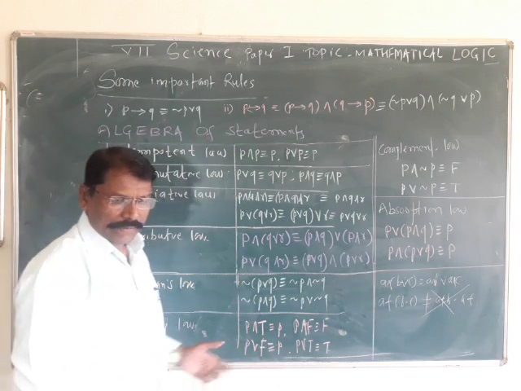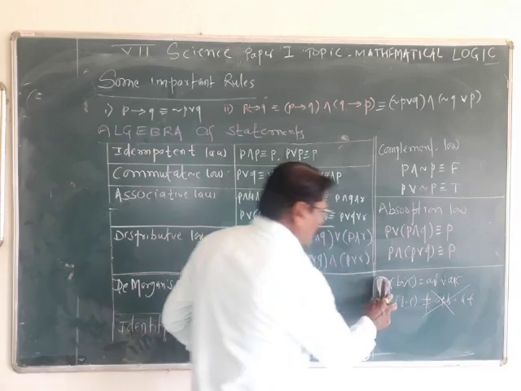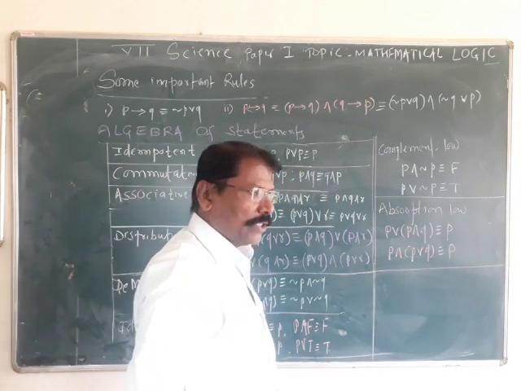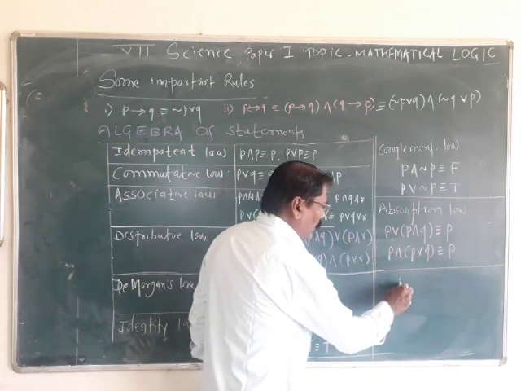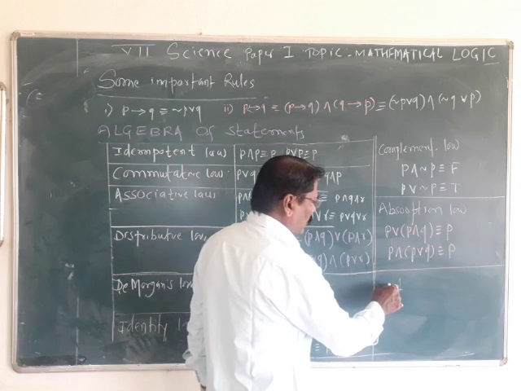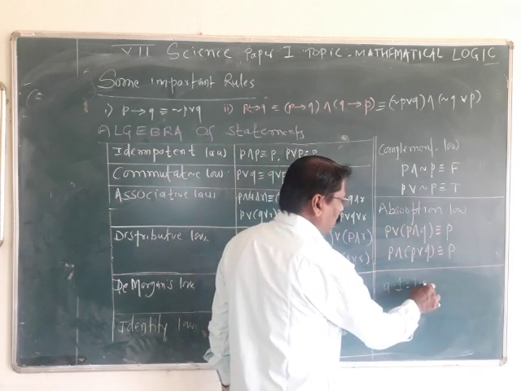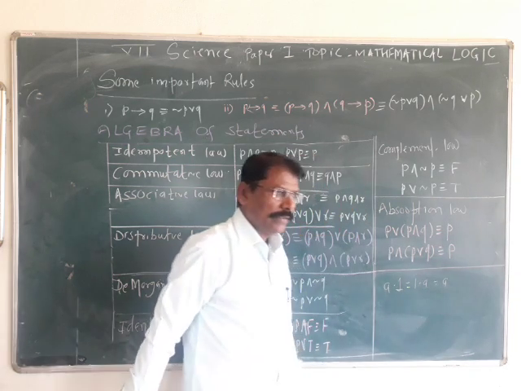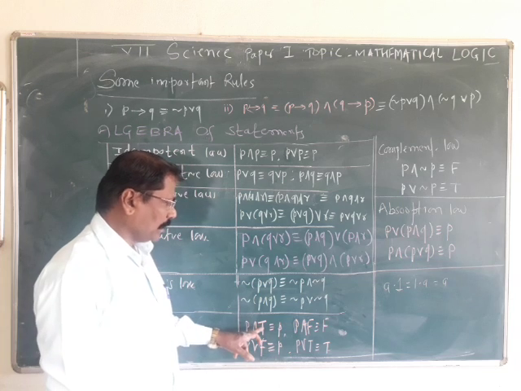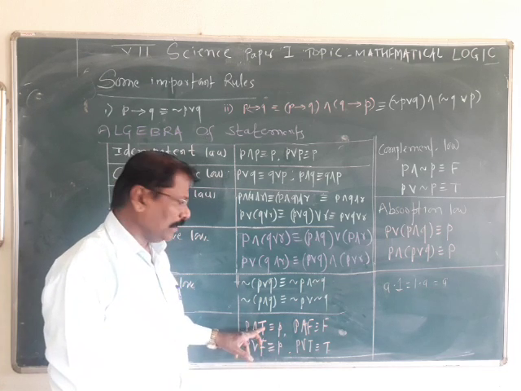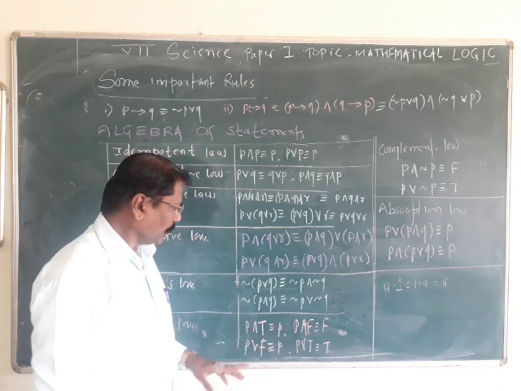Identity law. Just like in the decimal number system in algebra, 1 is a multiplicative identity. So A into 1, 1 into A is equal to A. Same thing here. T and F are the identities.